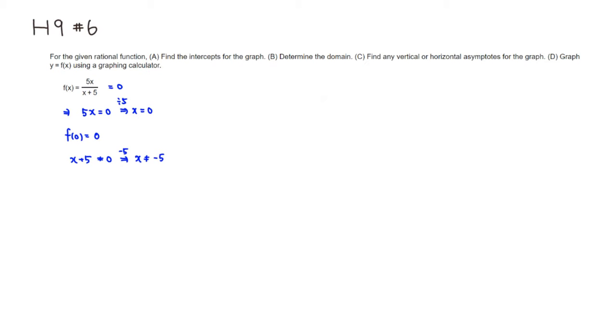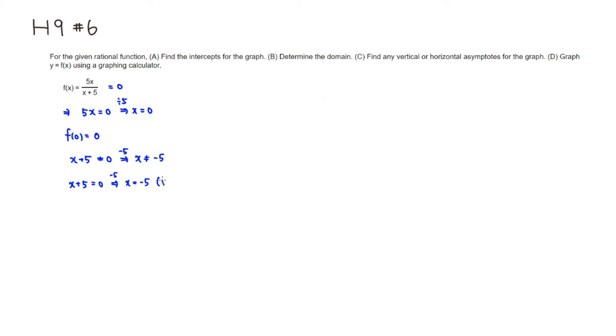To find a vertical asymptote, first we cancel any common factor on top and bottom, cancel them all out. After that you set the denominator equal to 0. Basically we do the same thing here: subtract 5, so x equals negative 5.